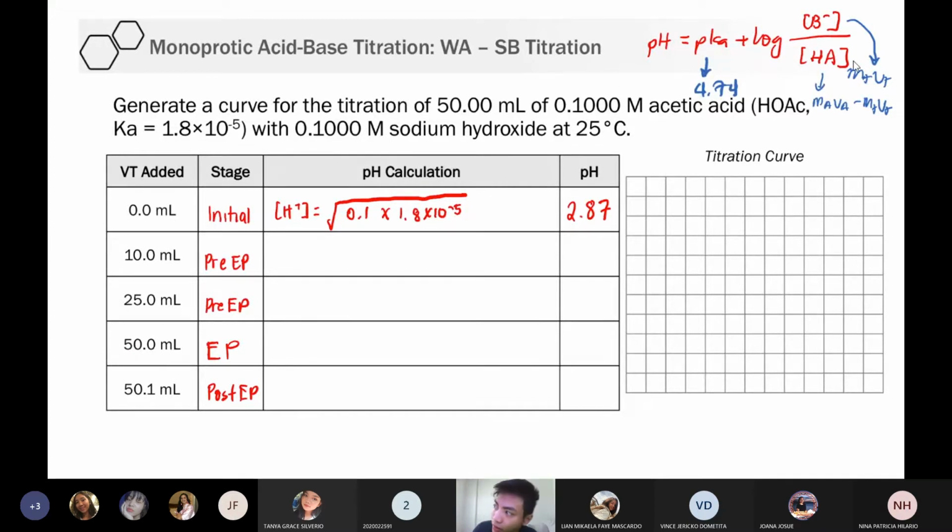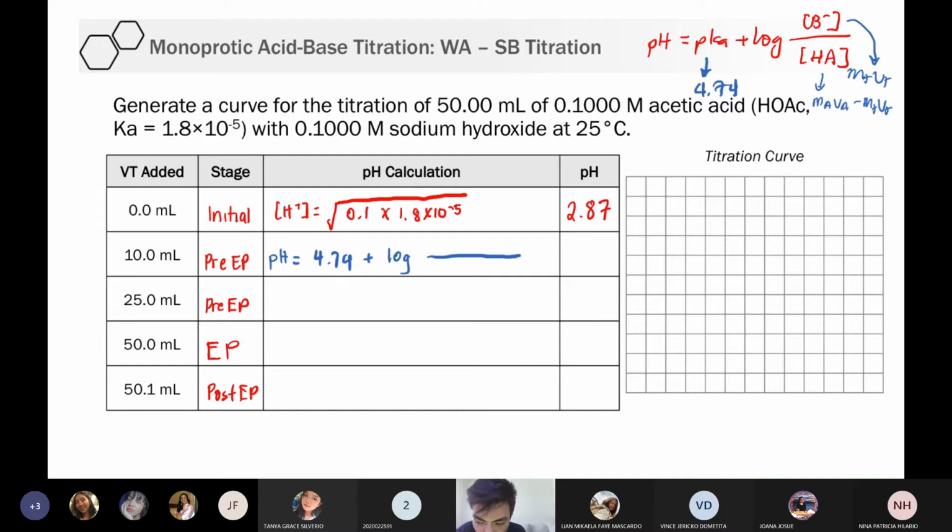Then, ito. MTVT. MAVA minus MTVT na lang. Okay. Sulat ko muna para masundan. pH na yung makukuha natin dito ha. 4.74 plus log MTVT. Ibahin ko yung color. Black na lang. Pag titrant, black na.